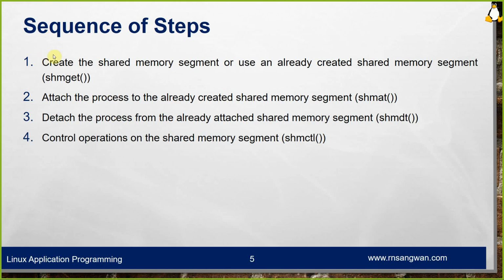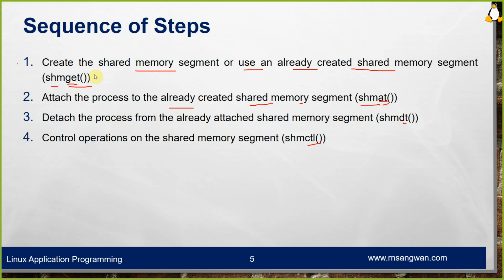Sequence of steps would be: first create a shared memory segment or use an already created shared memory segment, that is shmget. Attach the process to the already created shared memory segment, that is shmat. So get, attach, at, dt detach, and ctl control.